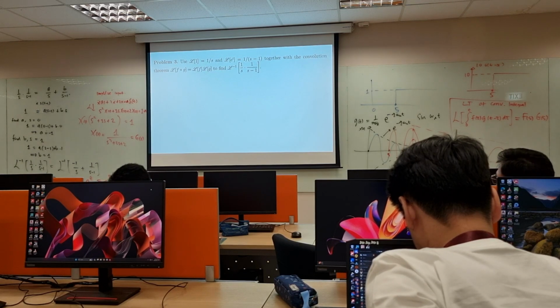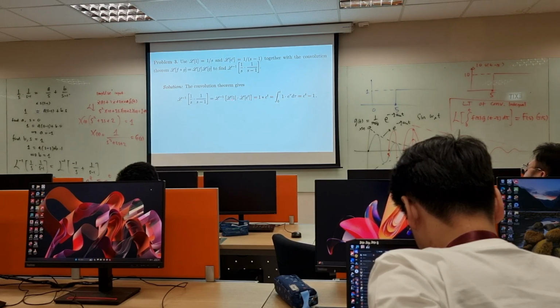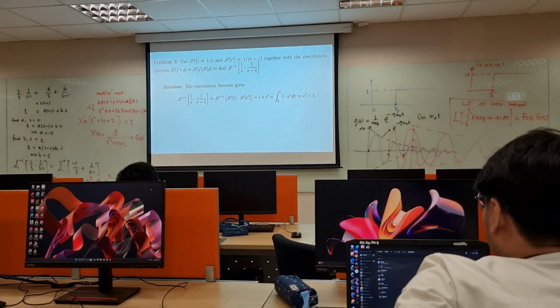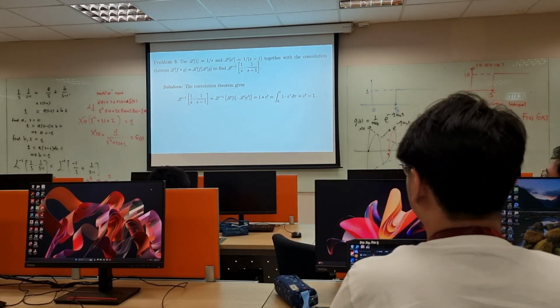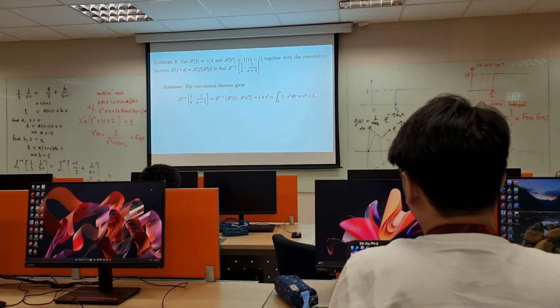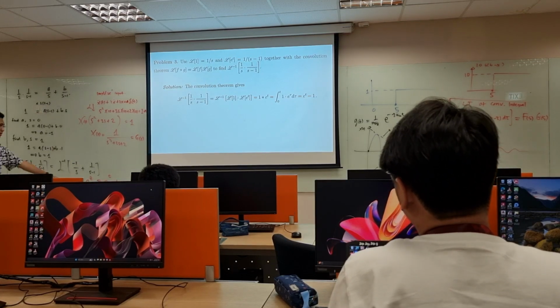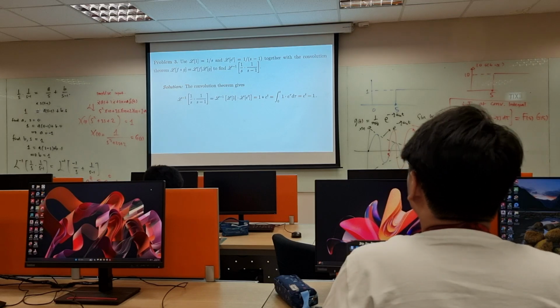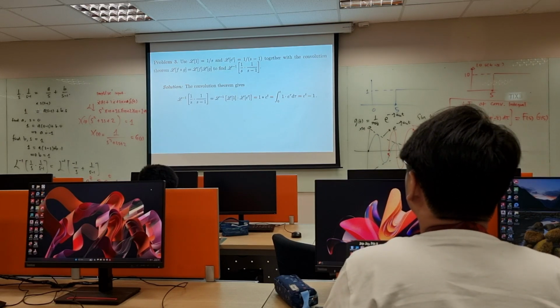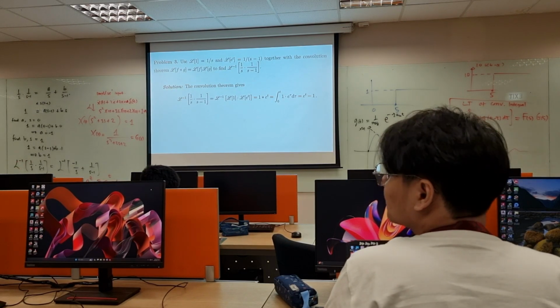So let's see, if we use the convolution integral, that's what we do. Can you see the answer directly? It's this one, right? The same as this. Clear?